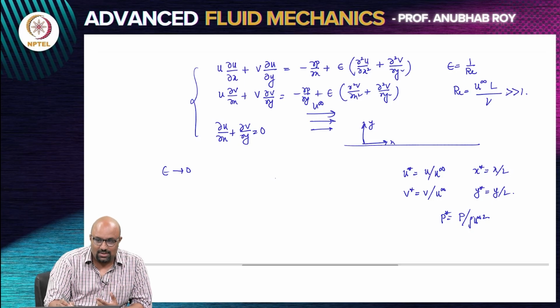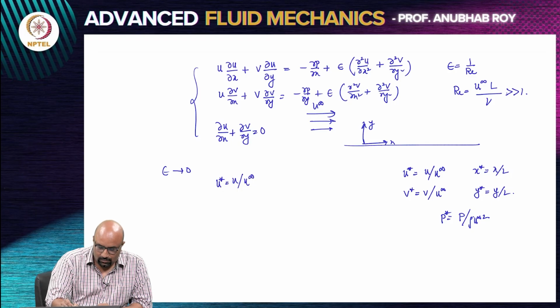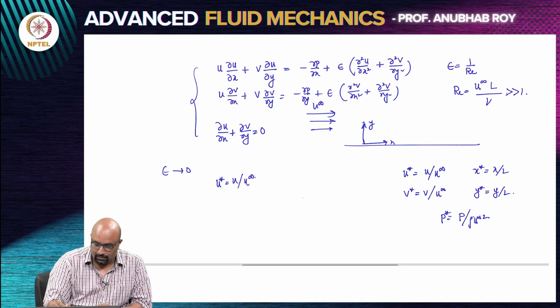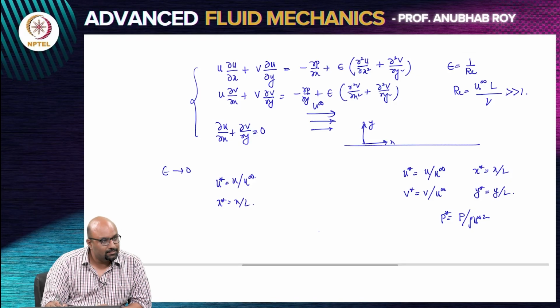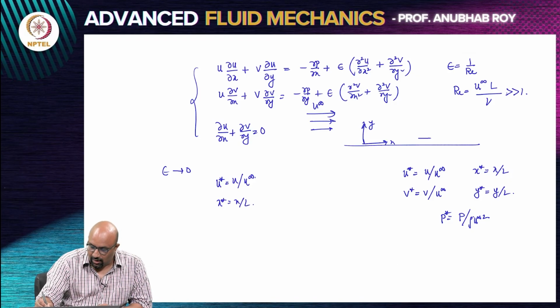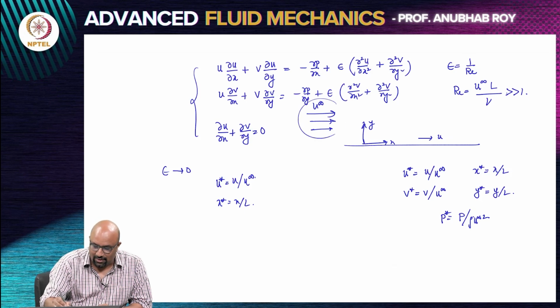So, Prandtl's approach is to say u star is u by u infinity, x star is x by L. So, the fluid velocity in this direction is scaled by the incident flow.